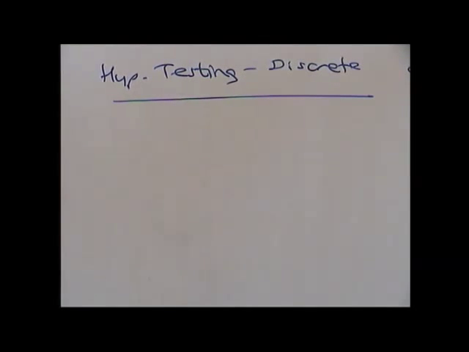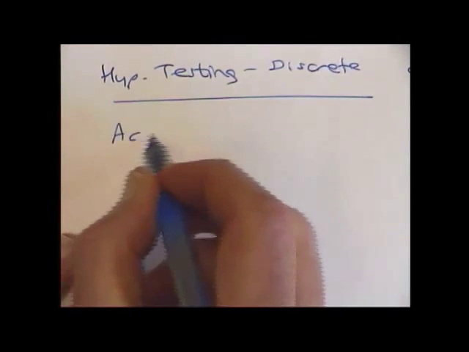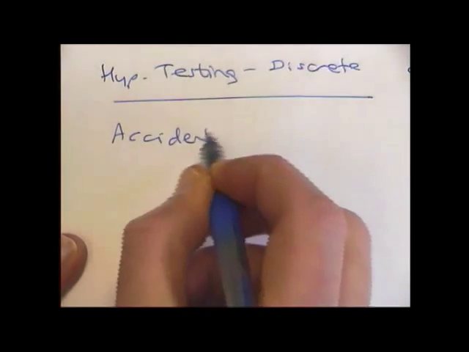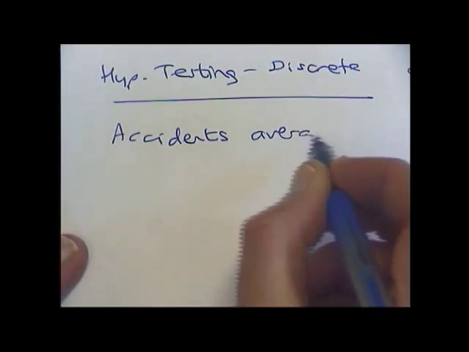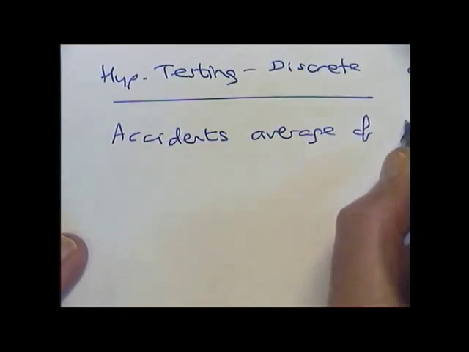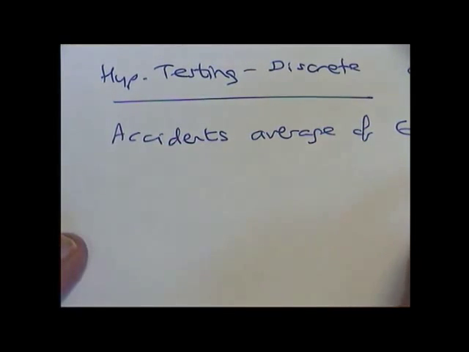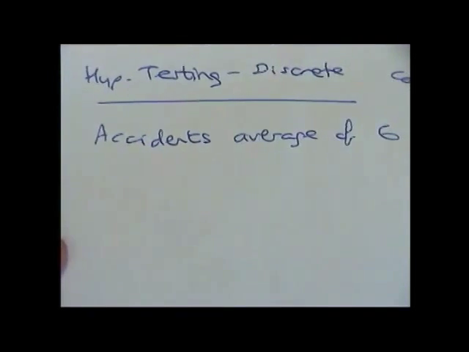This is the final example now on hypothesis testing with discrete distributions, and we are dealing this time with accidents that occur at an average of 6 accidents a month.